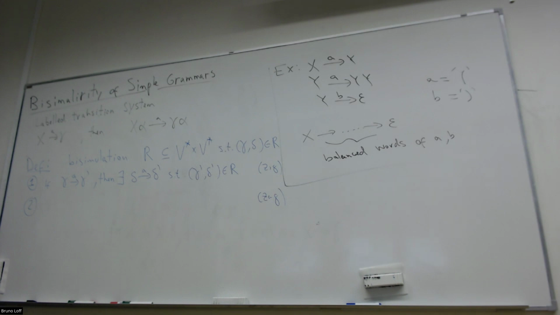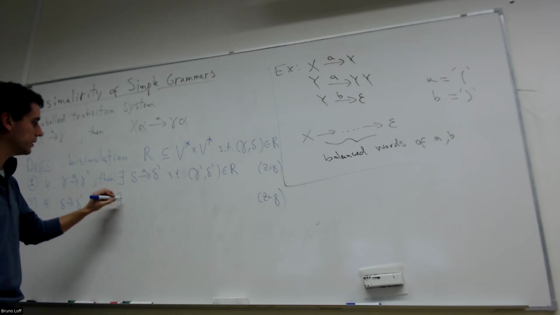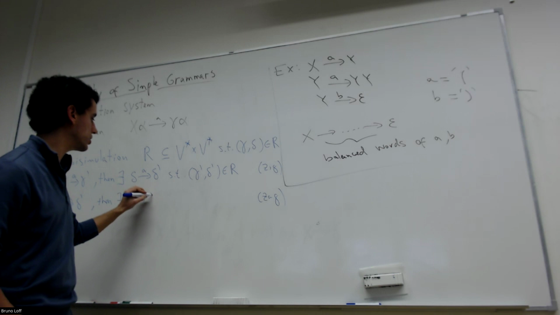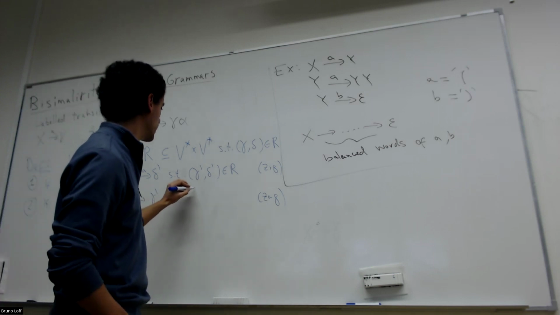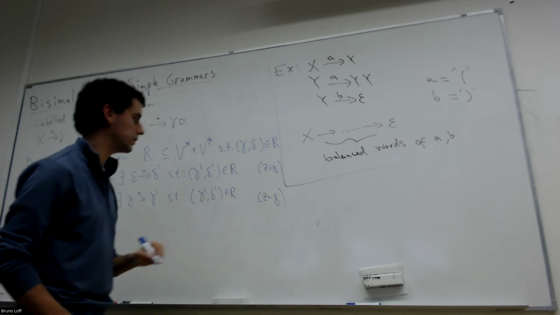The reverse property is just to flip everything, and that means that R is a simulation in the other direction. So if you take some delta that has a transition to delta prime, you do the same thing. Then there exists another transition such that the resulting pair is in the relation.